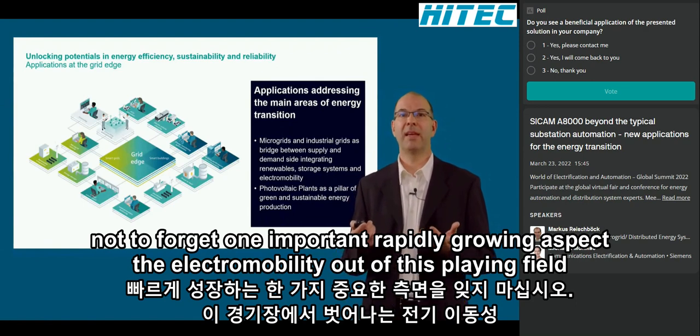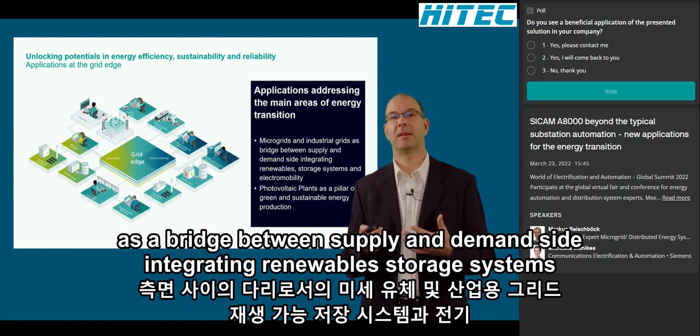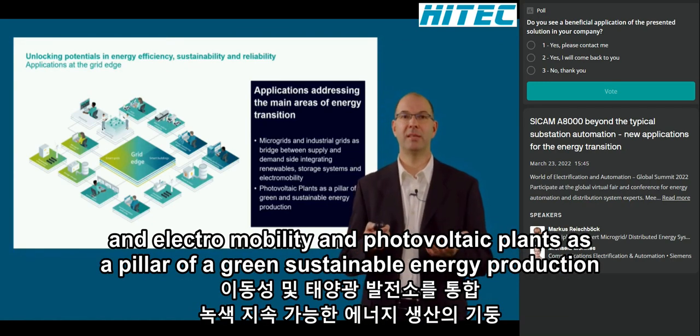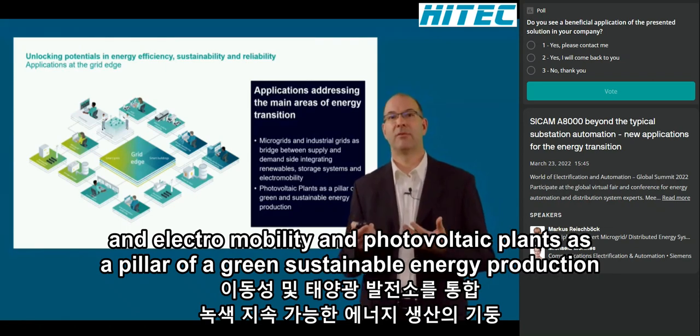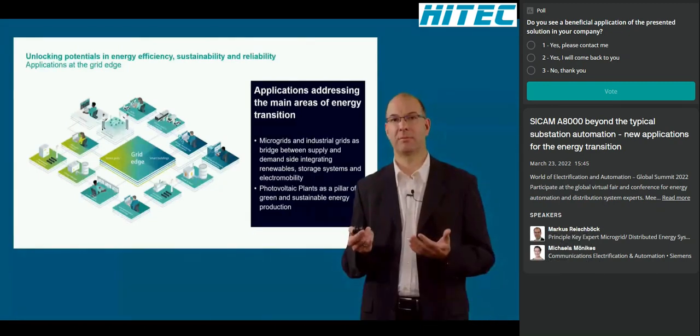Out of this playing field, I would like to address 2 specific topics: microgrid and industrial grids as a bridge between supply and demand side, integrating renewables, storage systems, and electromobility, and photovoltaic plants as a pillar of a green, sustainable energy production.